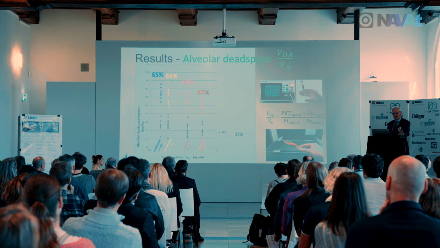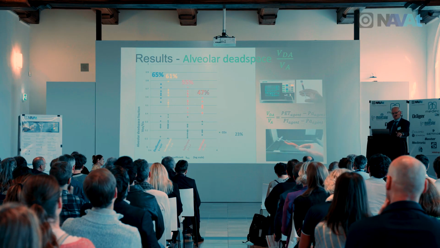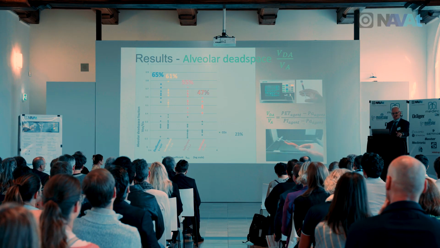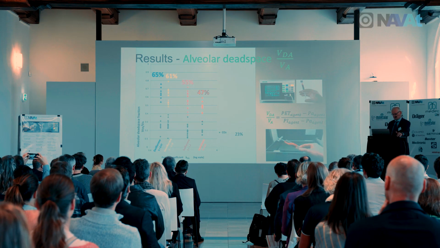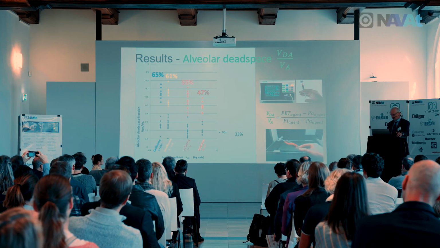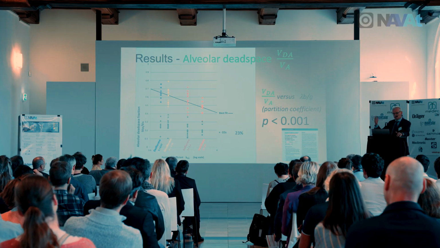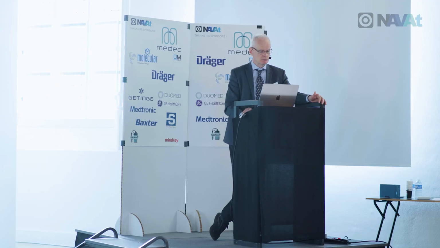At the same time, using the same sample of blood and the same expired breath, the dead space for our anaesthetic gases was 50 or 60%, not 23%. And in fact, this is closely related to the solubility of the gas in the blood. We went on to try and explore why this should be, but basically it reveals how the Riley model really can't help us in understanding any of this.